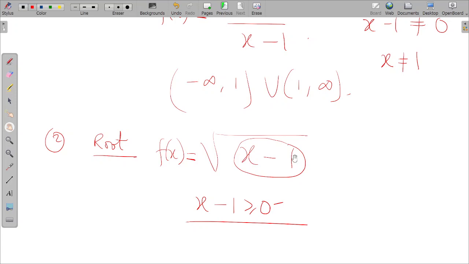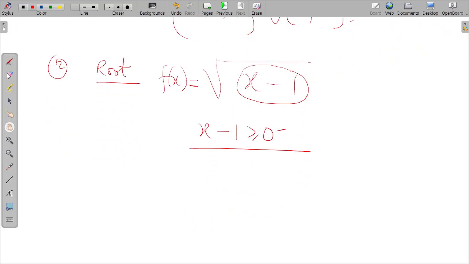When there's a negative inside the root, that gives us a complex number, so we are no more in real numbers. But we are dealing with real numbers at your level or in this module. So we want x minus 1 to be greater than or equal to 0. Then we can solve for this, and we have x greater than or equal to 1.